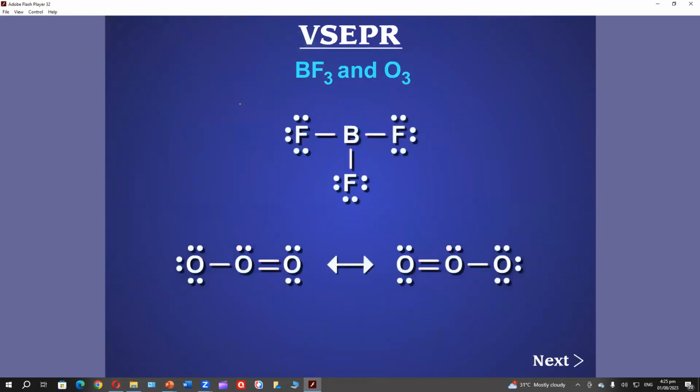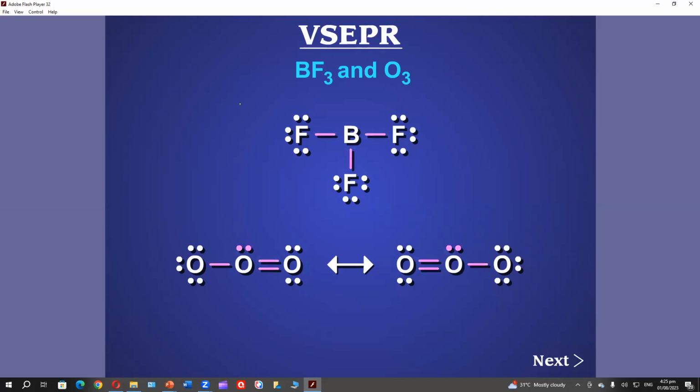Now, consider the Lewis structures of ozone, O3, and boron trifluoride, BF3. Counting the number of VSEPR pairs of electrons around the central atom of each molecule, we find 3 VSEPR pairs. As far as electron repulsions are concerned, the VSEPR model treats double and triple bonds like single bonds.